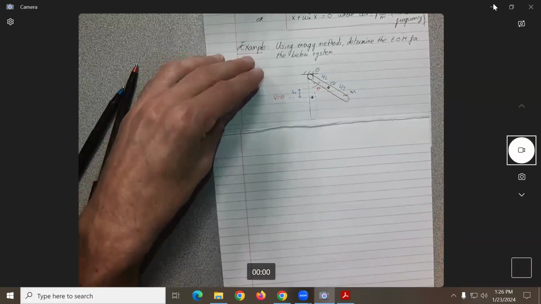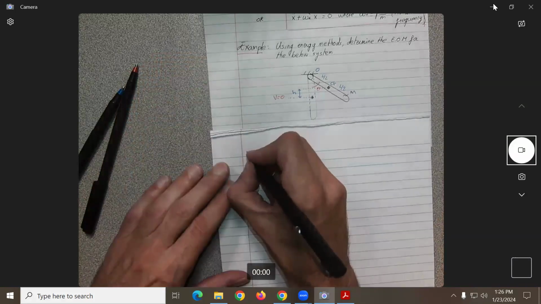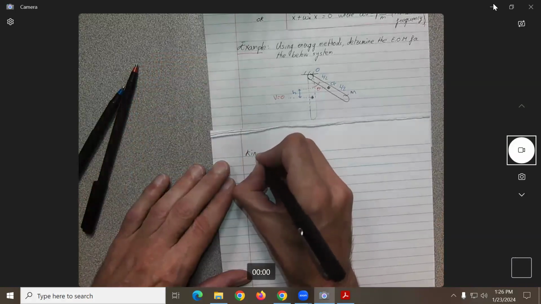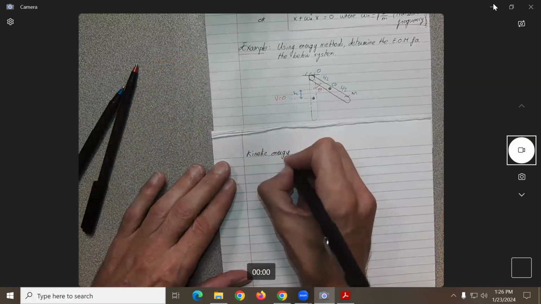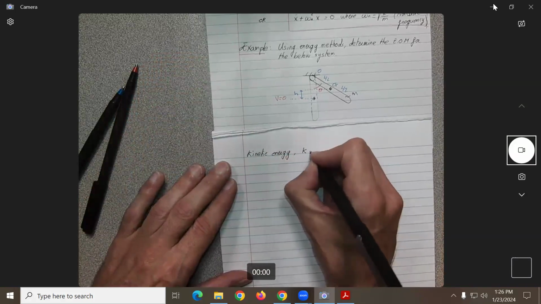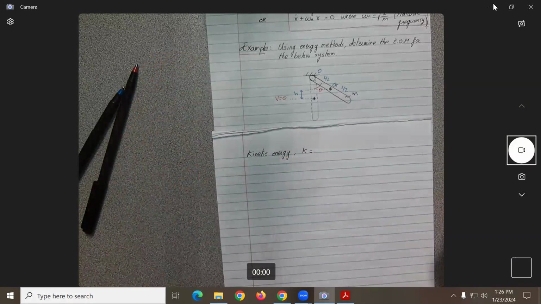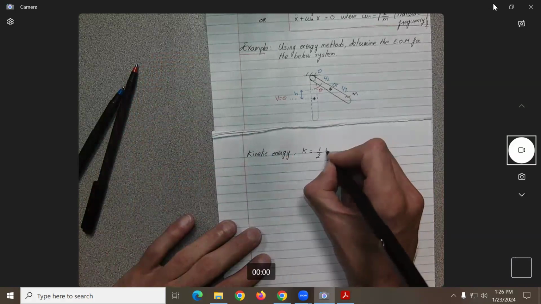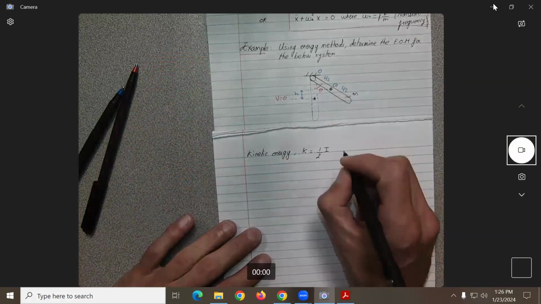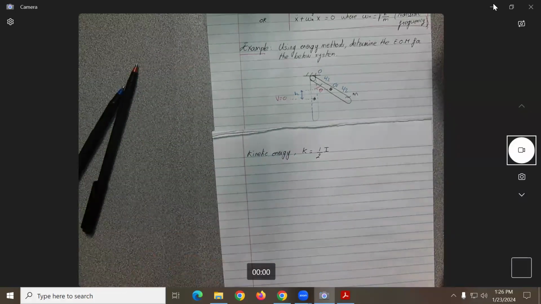So for this figure over here, what should be the kinetic energy? What type of motion is this bar having? Rotation. So what would be the kinetic energy? 1/2. Okay, this is important now. I, but when you define the I, you need to define about which point.